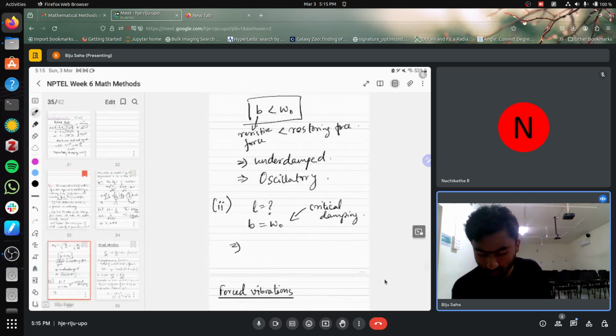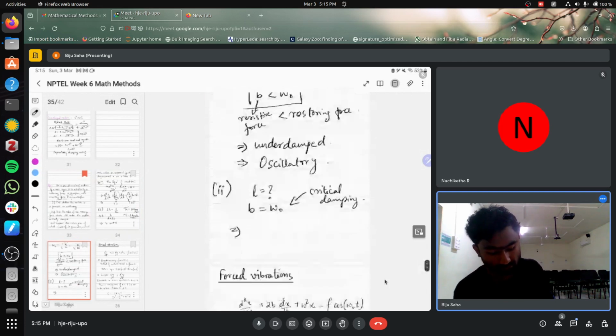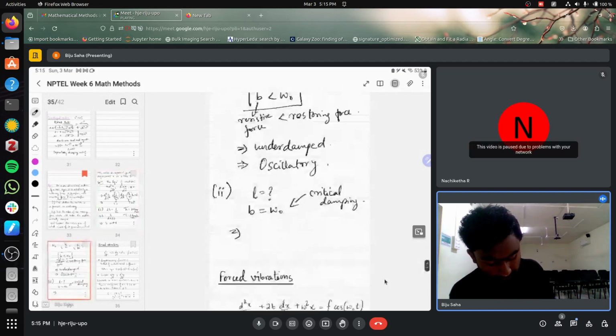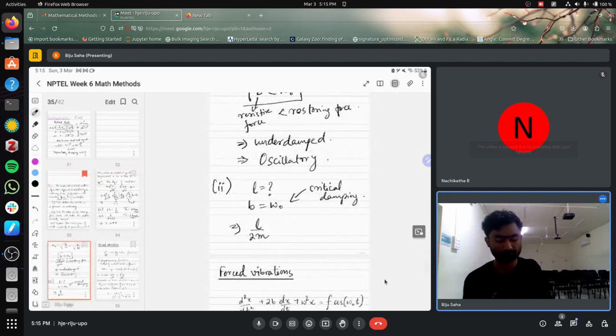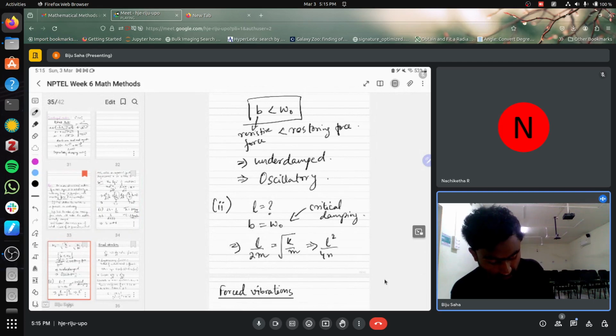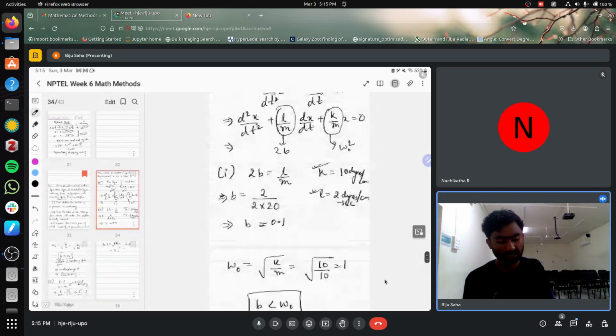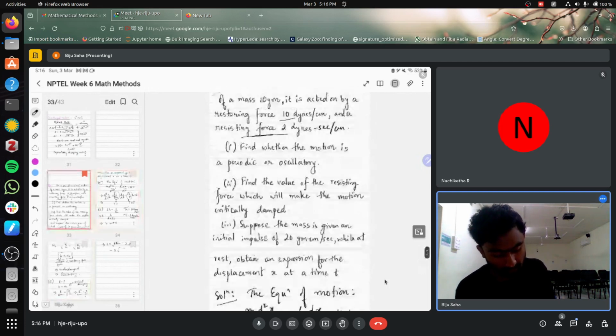As I know, my b is L by 2m, and omega naught is root of K by M. So that would say L square is equal to 4 m square K by M. So my L is equal to 2 root of KM.